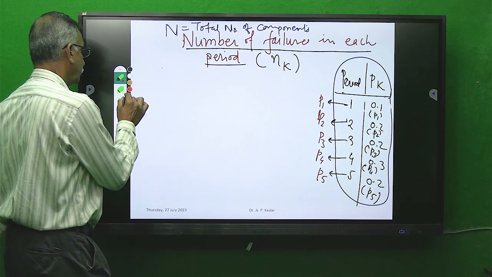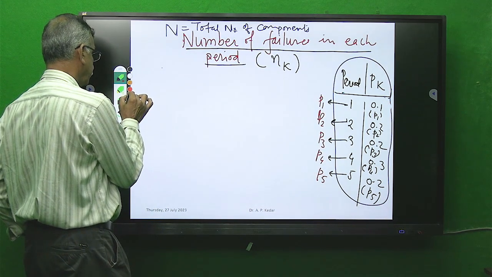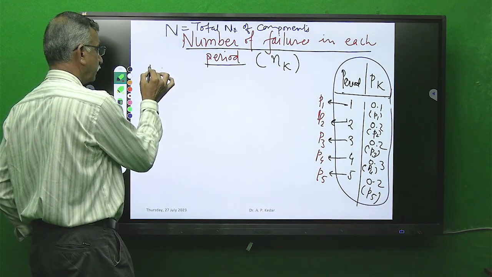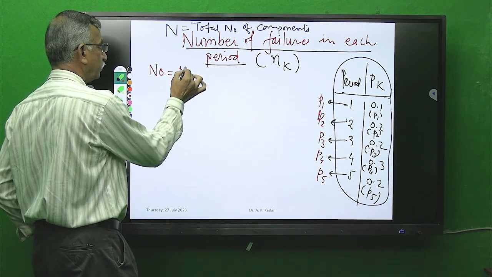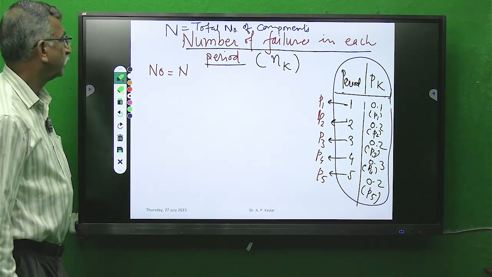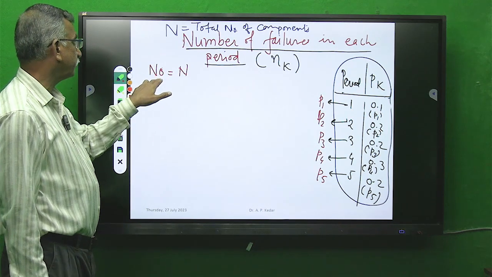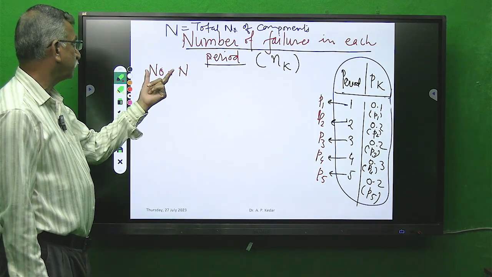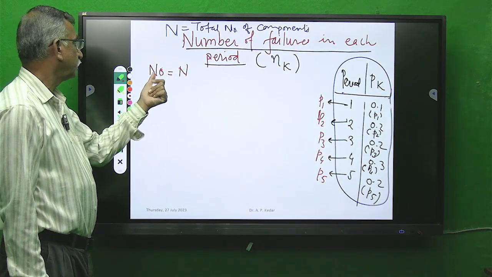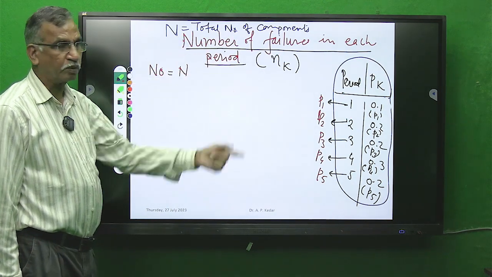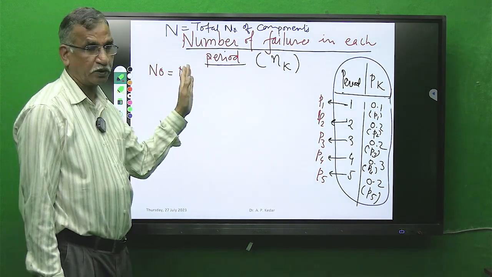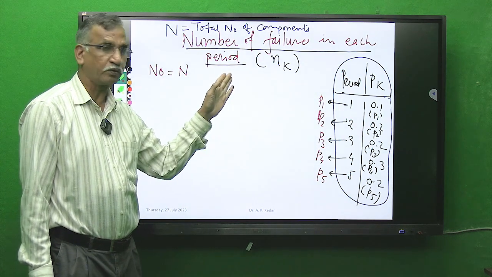Now, how to proceed? To begin with, your total number of components will be equal to n. In the beginning, all components are new, so n will be the total number of components, and suppose you are assuming 500, you will write 500.